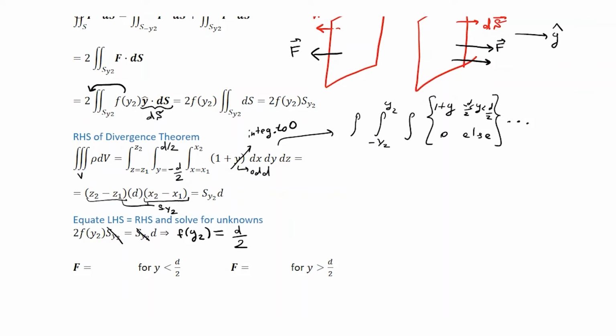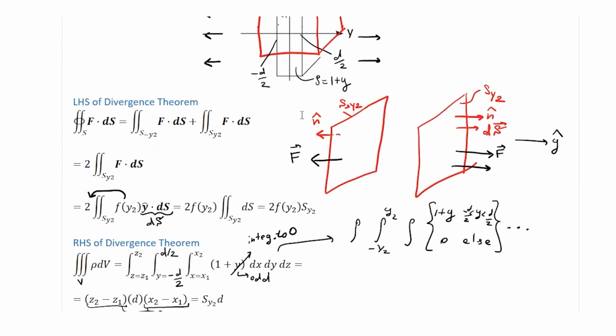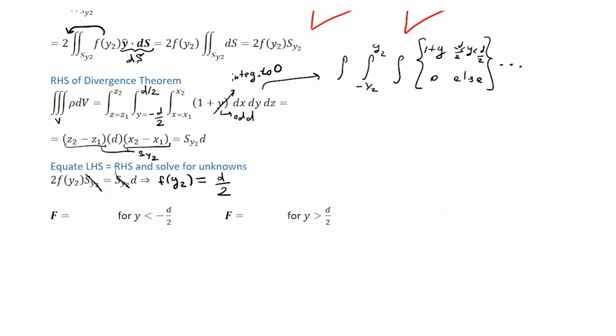What does it mean? I found that on this surface, the y component of f is equal to d over 2. On this side, it's going to be the negative of that. So we know that for y on the left of the slab, we have f equals negative d over 2 y hat, and on the right of the slab, we have d over 2 y hat.